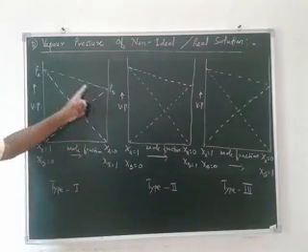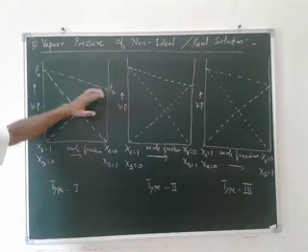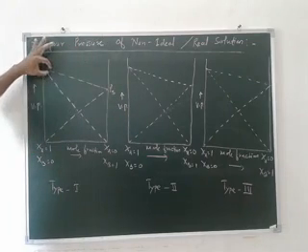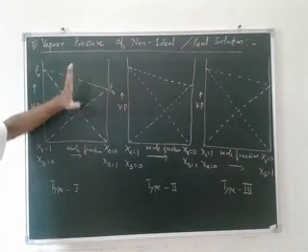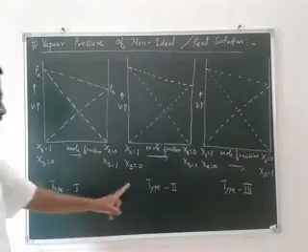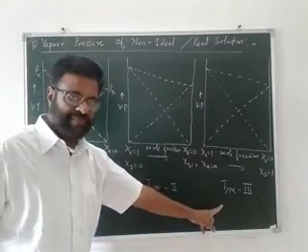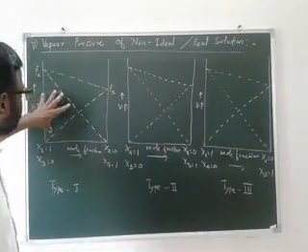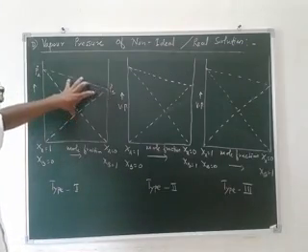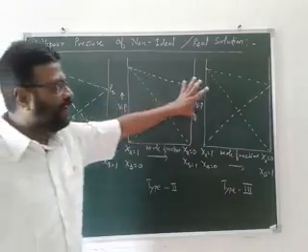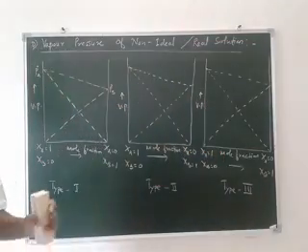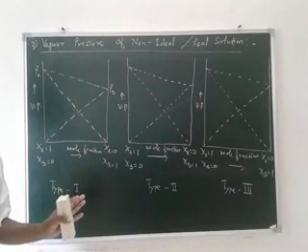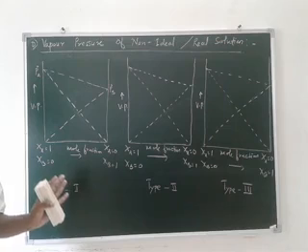And this line is the continuous line. But whenever we study non-ideal solutions, it is shown as the dotted line. And there are three types: type number 1, type number 2, type number 3. These are the dotted curves in the first graph, second graph, and third graph also. But this is the graphical representation for the ideal solution. We have to remember that.